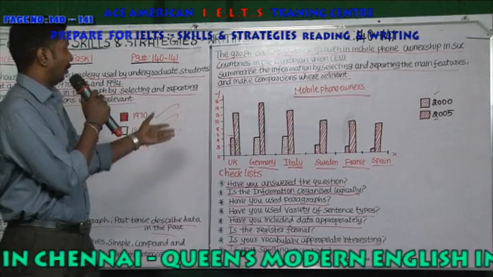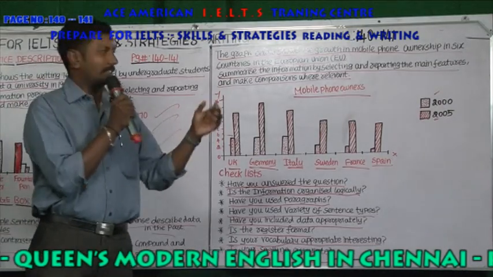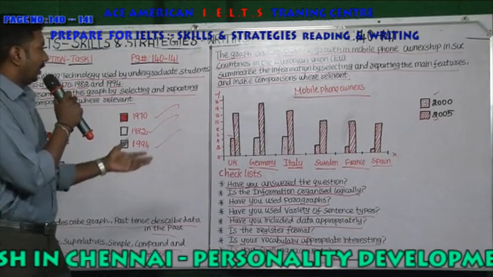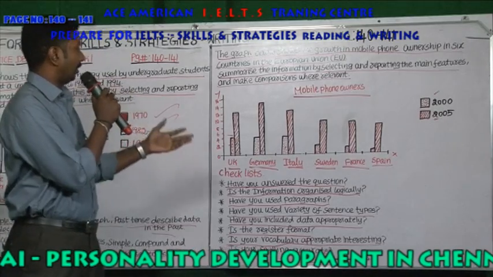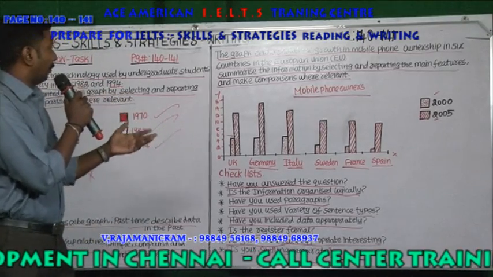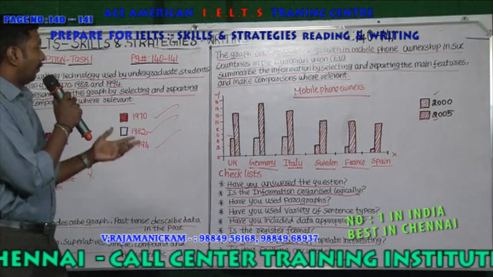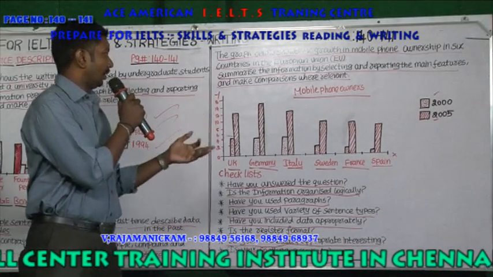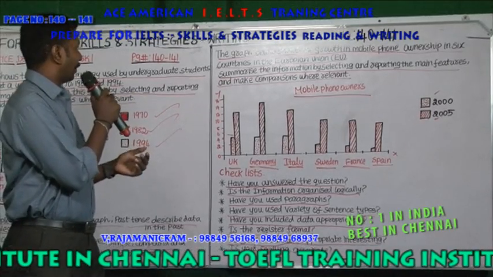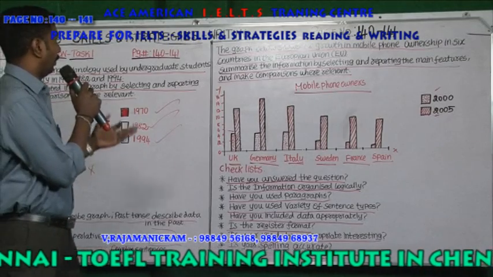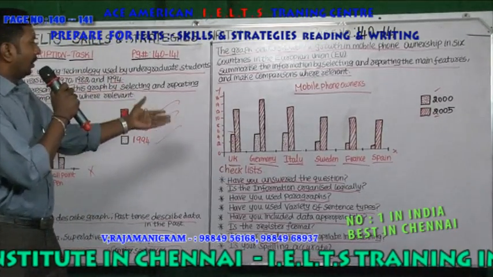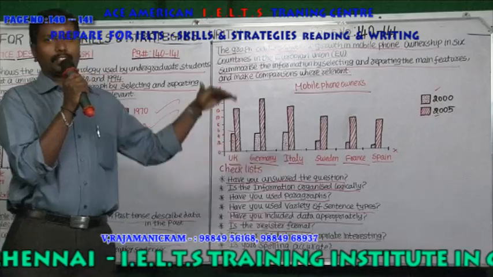Compared to the UK, Germany's growth by 2005 is an average of 3 to 4 million more owners of mobile phones. Italy: 6 million people in 2000 and 13 million people in 2005. Sweden: 2 million people in 2000, and 10 to 11 million in 2005. France: 2 million people in 2000 and 10 million people in 2005. Spain: 1 million people in 2000 and 11 million people in 2005. Overall, all countries are increasing their use of mobile phones.